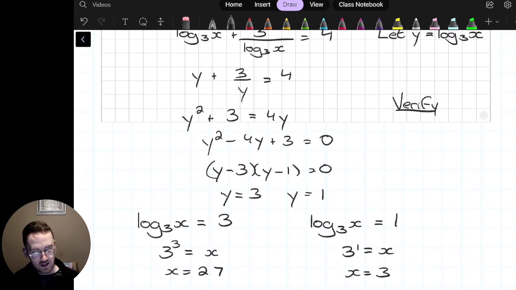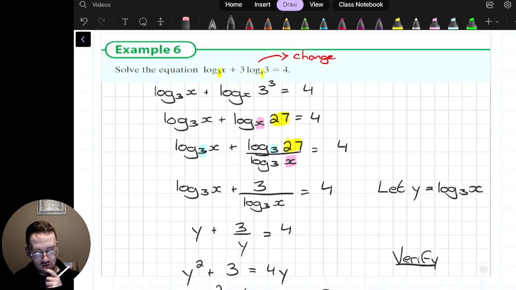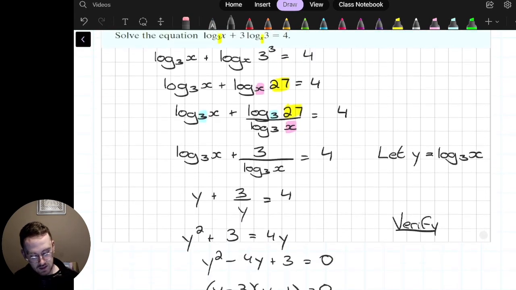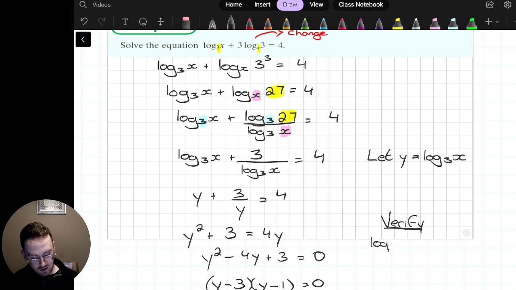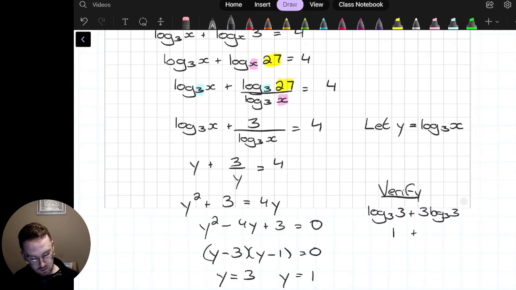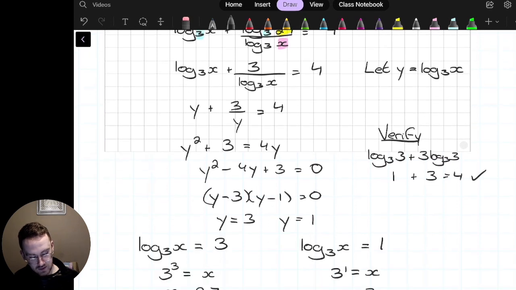Now to verify our answers, we can look back at our original question and sub in. So log to the base 3 of 3 plus 3 log to the base 3 of 3. Log to the base 3 of 3 is 1, plus 3 is equal to 4. So that's correct. We can try it then with our 27. So log to the base 3 of 27 plus 3 log to the base 27 of 3.